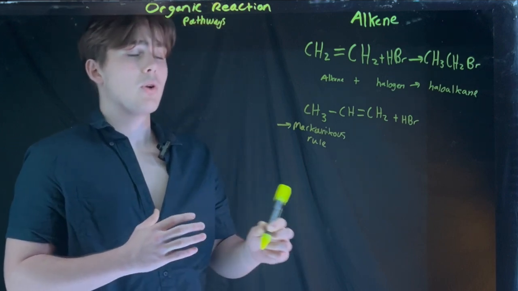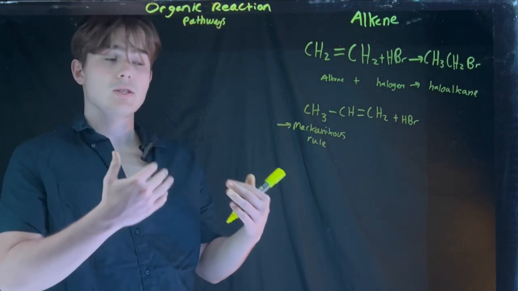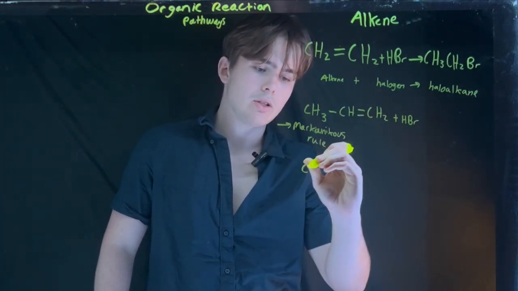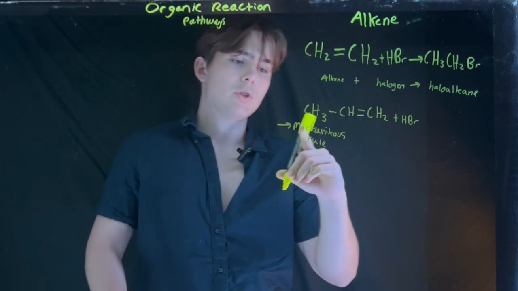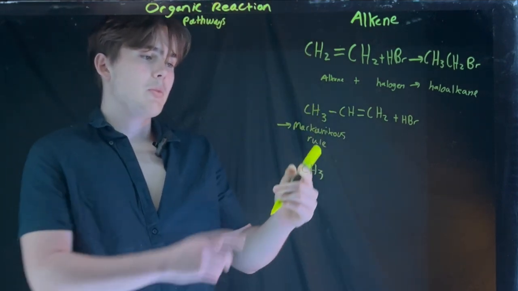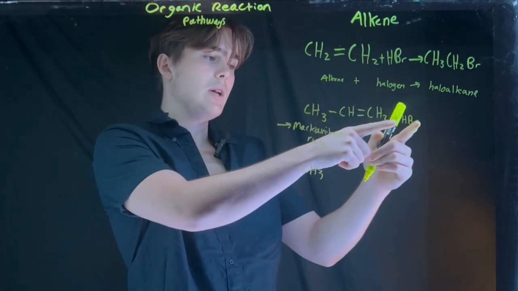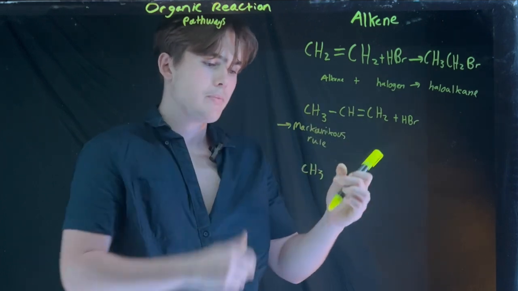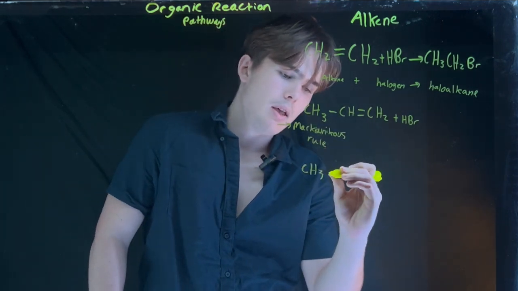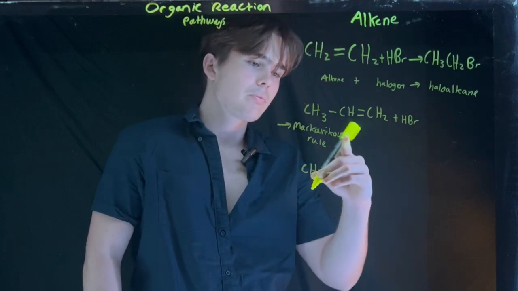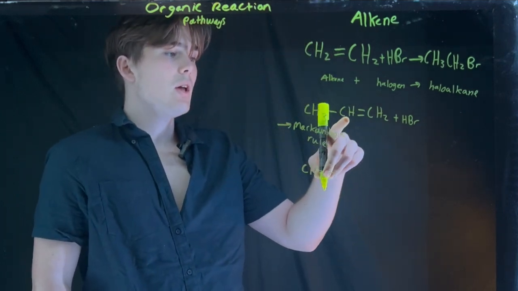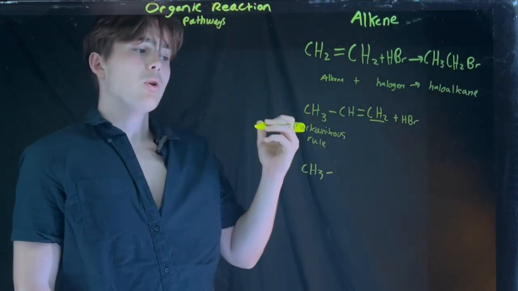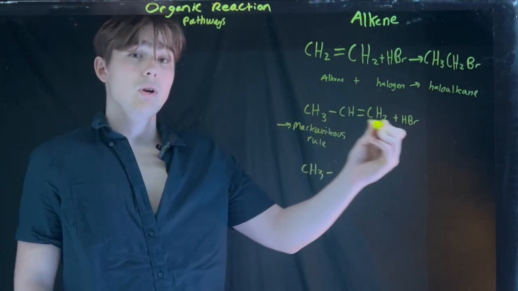So the primary product that we can predict from this reaction is going to be CH3. This part doesn't change, right? Because we're only adding the HBr to either side of this double bond. So we have CH3, and then the bromine is going to go on this side, and the hydrogen is going to go on this part here because there's more hydrogen already on that side.